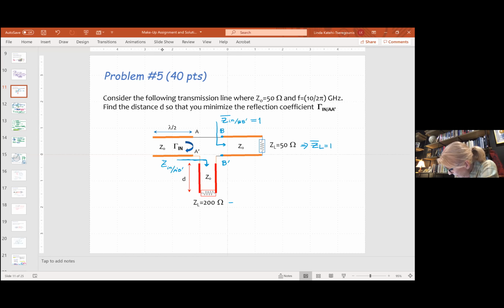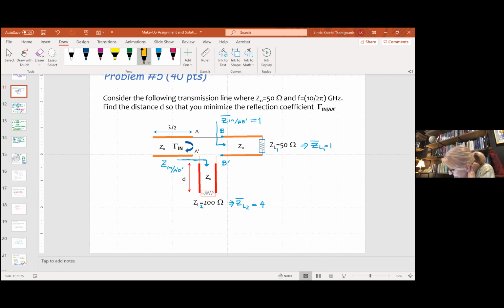Okay, ZL here, let me call that 1, and ZL2 here, normalized, gives us 4. All right. Now let's bring everything to A, B prime, A prime. If we bring everything there, what we see is the following.